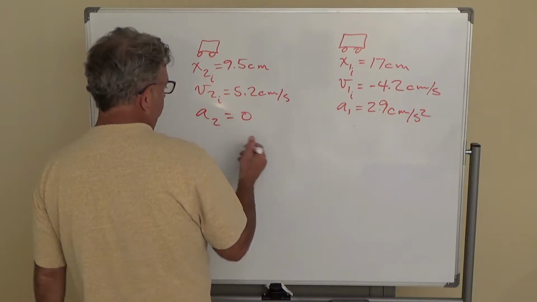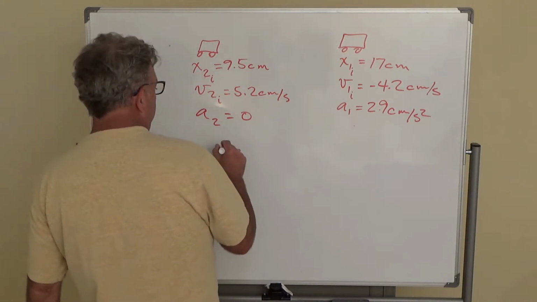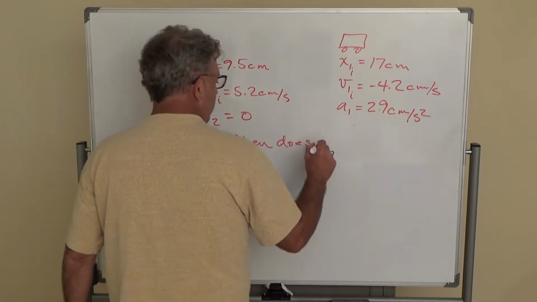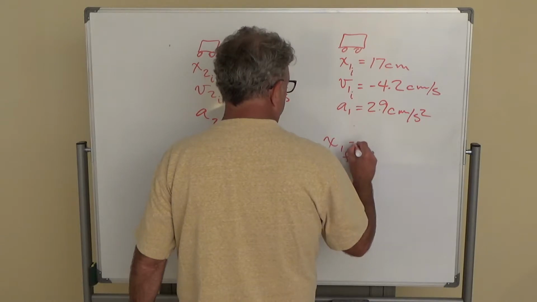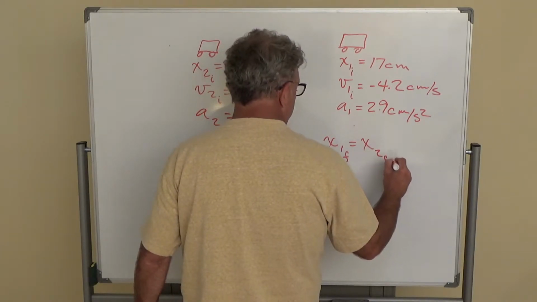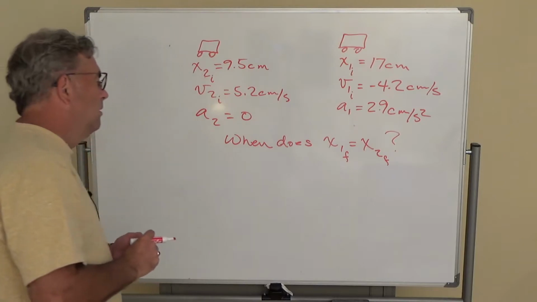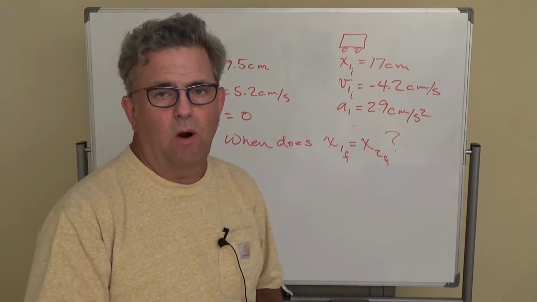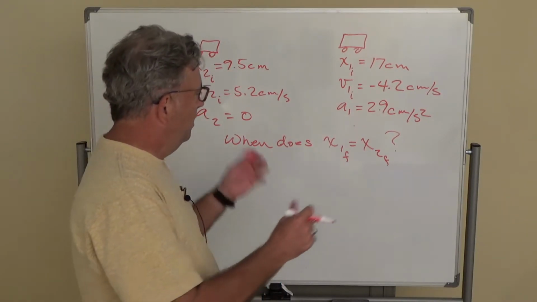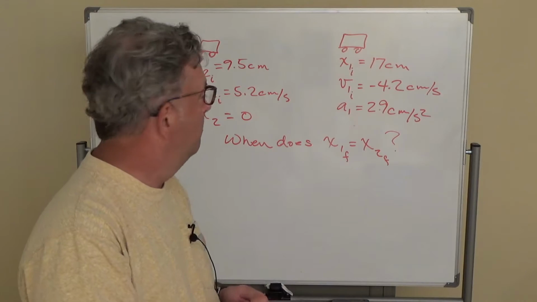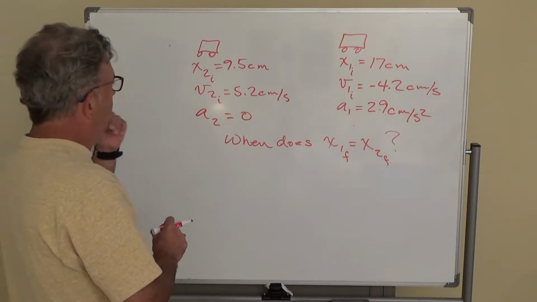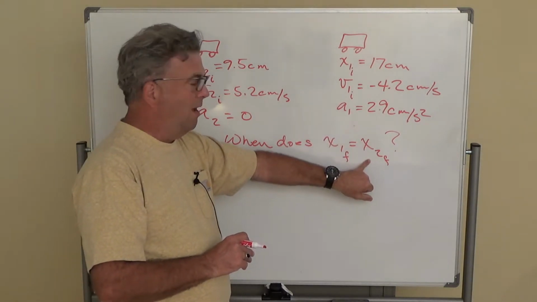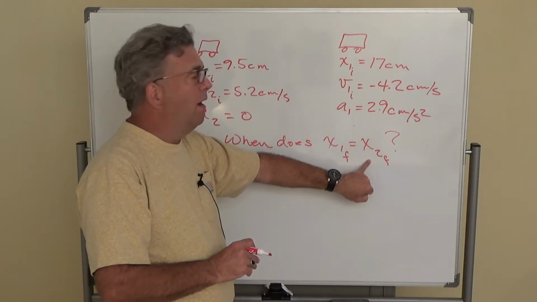The question is when does x1 final equal x2 final? This is almost exactly like the one I did with the car and the truck. The initial conditions are a little bit different, but nevertheless, we need to write an equation for x1 final and x2 final and set them equal to one another and solve.